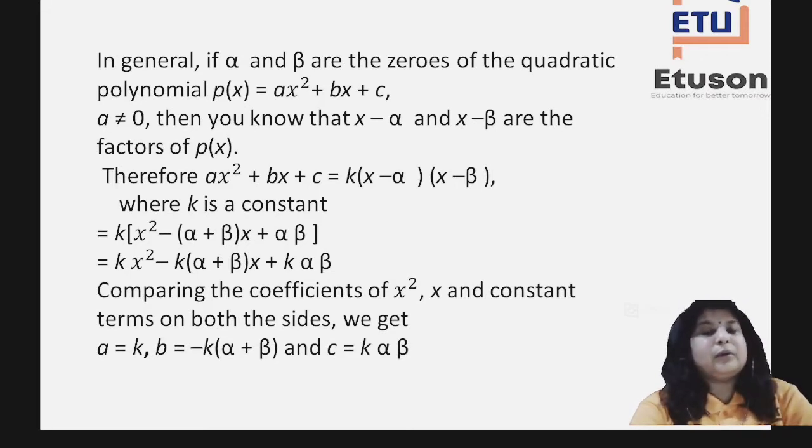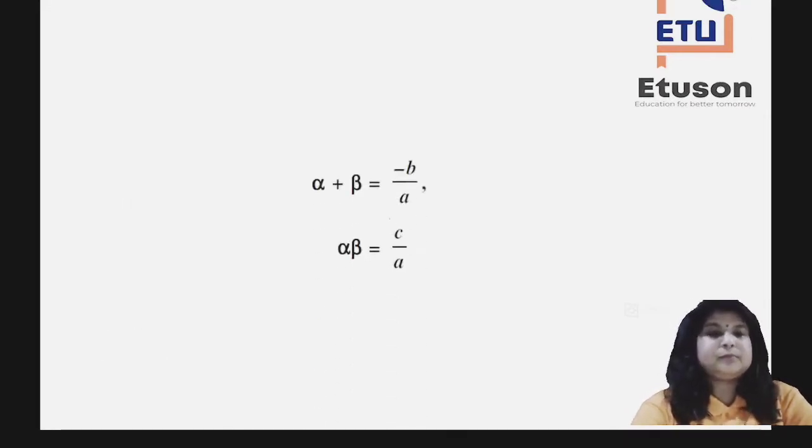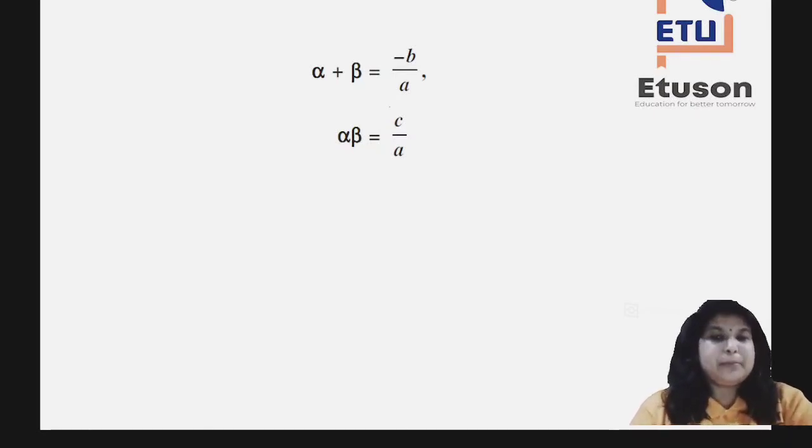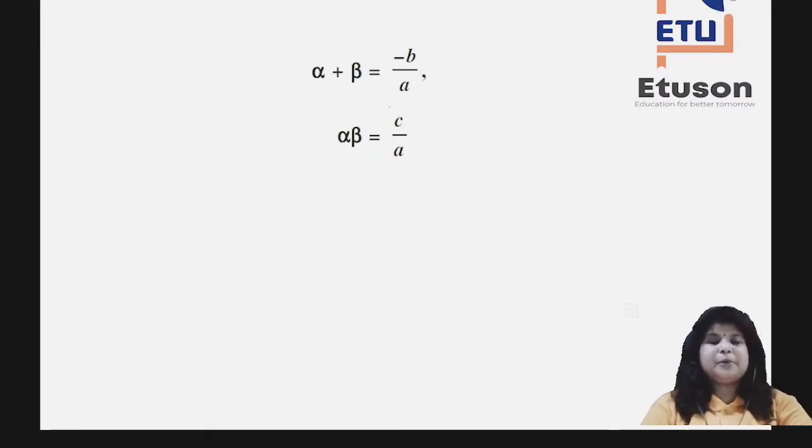So the relationship between the coefficients and the zeros will be alpha plus beta is equal to minus b by a, and alpha into beta is equal to c by a. Okay, so you have to remember the relationship to solve the problem.